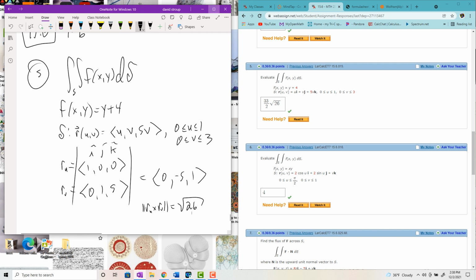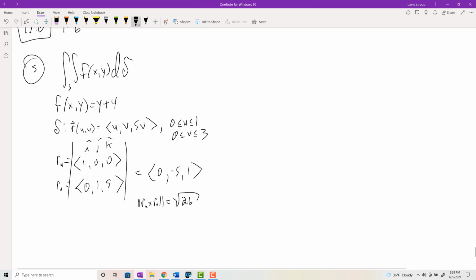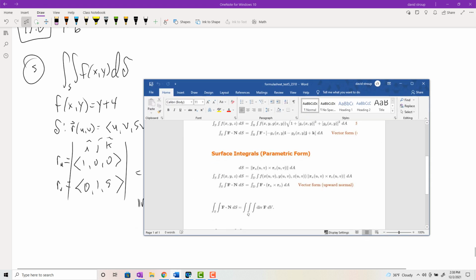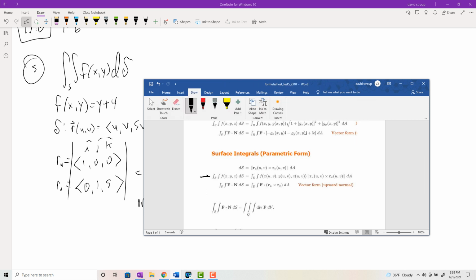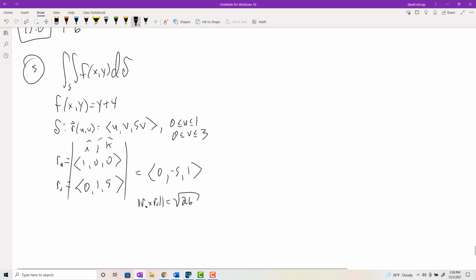And then you just kind of dump it all into your integral. If you want to use your formula sheet, you can. It's this, and of course you can't see my arrow, but it's that guy right there. Okay, right. So anyways, I got this double integral of f of xy, which I want to write in terms of u and v.